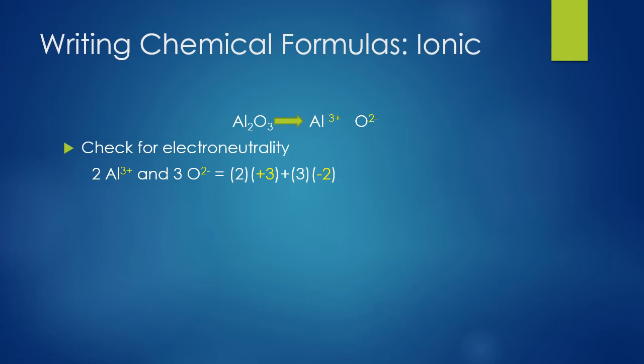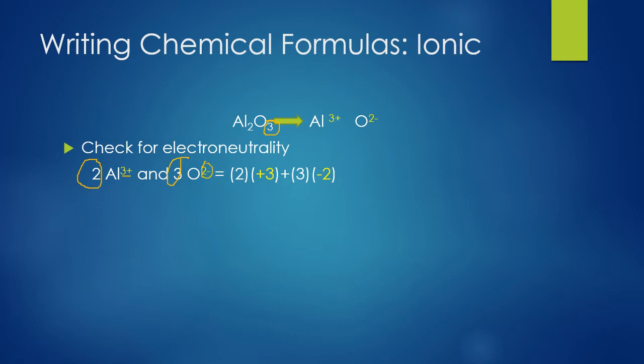What we're showing here is just that the method does work and that it is a neutral compound. So we just said we have 2 atoms of aluminum. Each of those atoms has a +3 charge. Given this chemical formula, that subscript of 3 says that we have 3 oxygen atoms, and we know that each of those oxygen atoms is going to have a -2 charge.